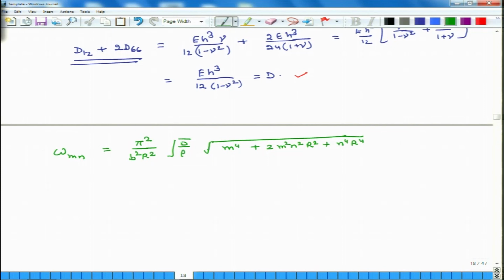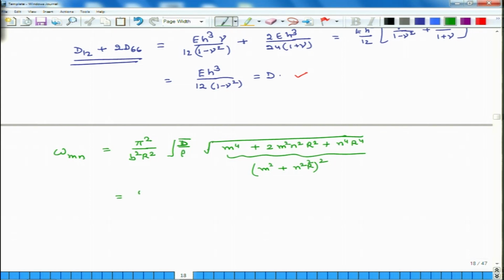This thing is nothing but m square plus n square r square, the whole thing squared, so the square root of this is m square plus n square r square.